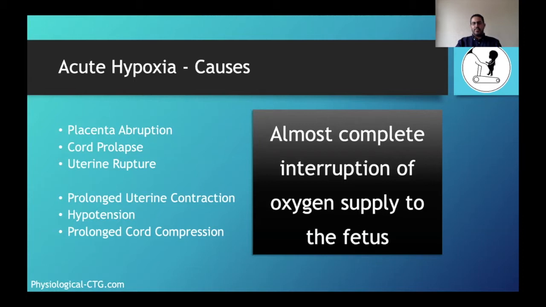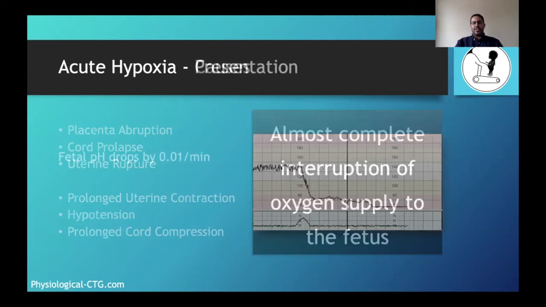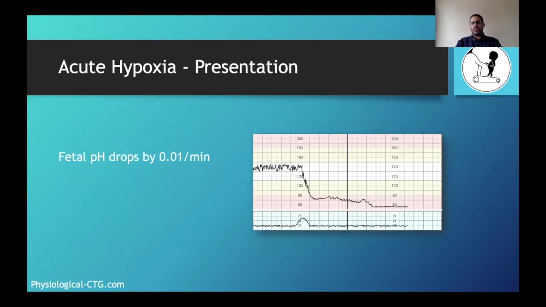Okay, so we say that the pH drops at 0.01. That is because most of baby's body has suddenly gone into anaerobic metabolism. So it's producing lactic acid and breaking down the glycogen, yeah? So that produces a lot of acid just to try and maintain some of the oxygen.